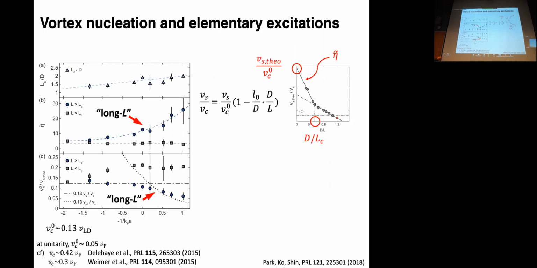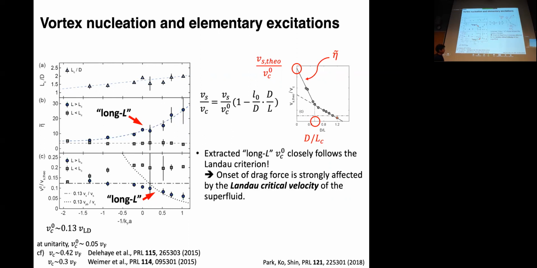Let me first bring your attention to the long L branch of the response, in particular to the limiting critical velocity, which are these round blue data points shown here. Surprisingly enough, we see that throughout the BEC-BCS crossover, they tend to rather closely follow the Landau criterion.